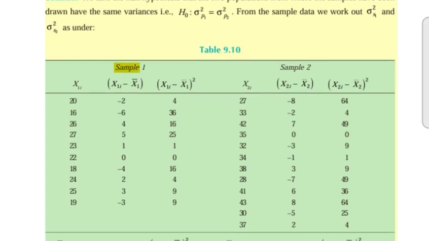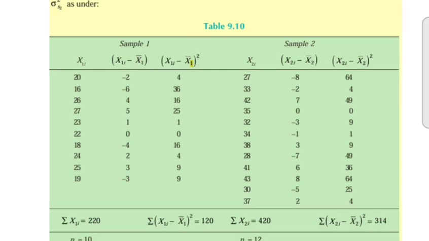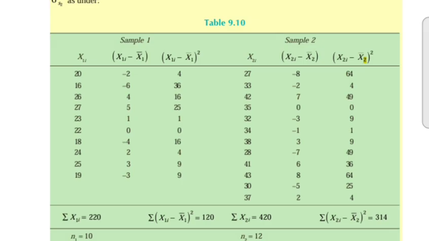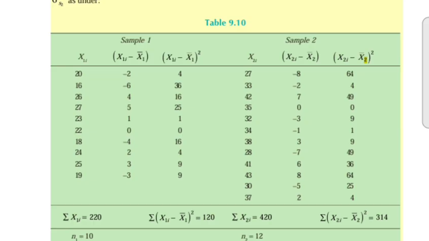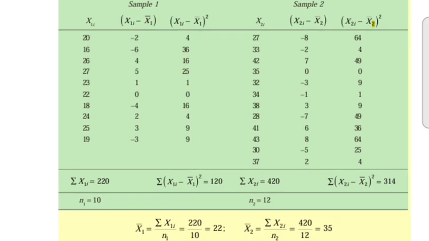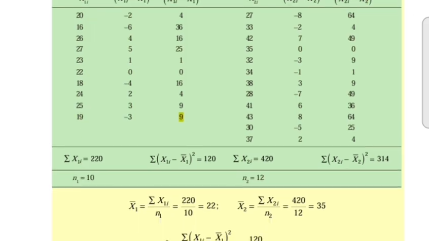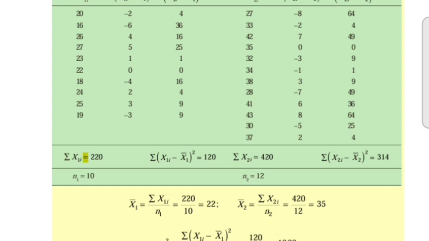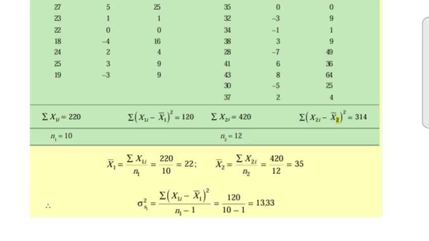Table 9.10 Sample 1 Sample 2 x1 ixxi11 minus dixxi112 minus dix2 ixxi22 minus dixxi222 minus di20 2 4 2 7 8 6 4 1 6 6 3 6 3 3 2 4 2 6 4 1 6 4 2 7 4 9 2 7 5 2 5 3 5 0 0 2 3 1 1 3 2 3 9 2 2 0 0 3 4 1 1 1 8 4 1 6 3 8 3 9 2 4 2 4 2 8 7 4 9 2 5 3 9 4 1 6 3 6 1 9 3 9 4 3 8 6 4 3 0 5 2 5 3 7 2 4 n area summation equals she 1220 n area summation minus equals xxi 1 1 2 1 2 0 di n area summation equals xi 2 4 2 0 n area summation minus equals xxi 2 2 2 3 1 4 di n 1 equals 1 0 n 2 equals 1 2 xxn xxn ii 1 1 1 2 2 2 2 2 0 1 0 2 2 4 2 0 1 2 3 5 equals n area summation equals n area summation equals.